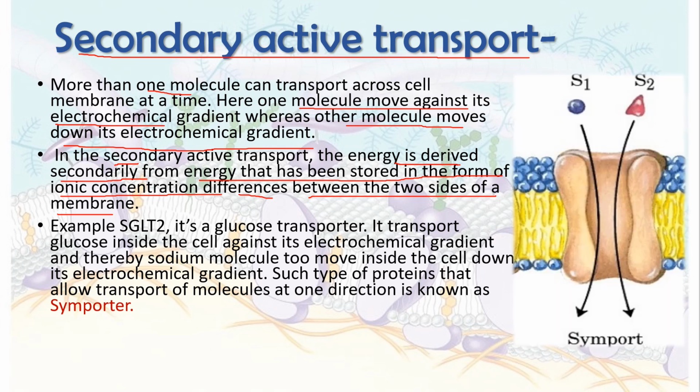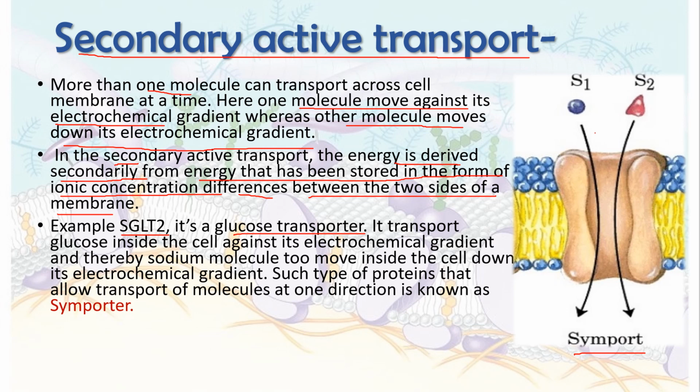So in this type of transport system, if the two molecules are going in one direction, then it is known as Symport transport. Okay, the best example is SGLT2. It's a glucose transporter.